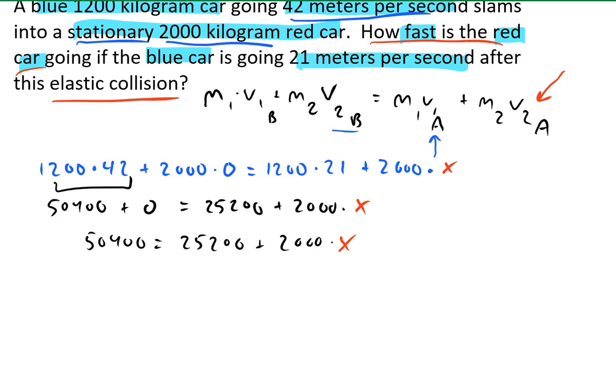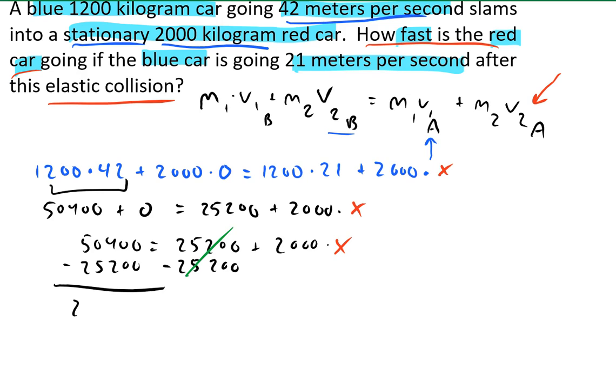To get rid of the 25,200, I'm going to subtract 25,200 from both sides. So this goes away, and now I subtract it on the other side, minus 25,200. That gives me, on this side, 25,200 is equal to 2,000 times x.